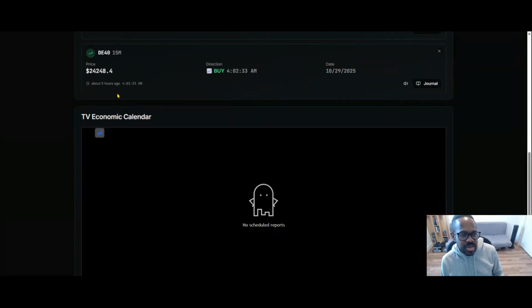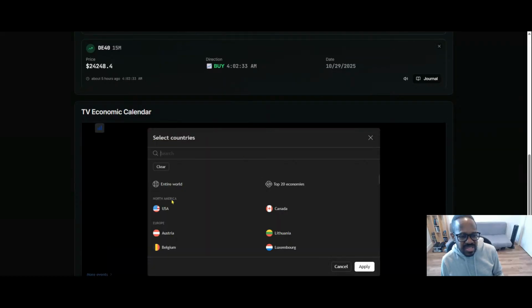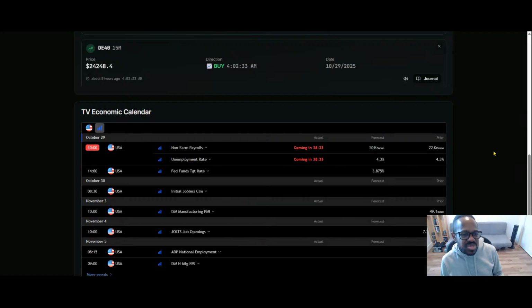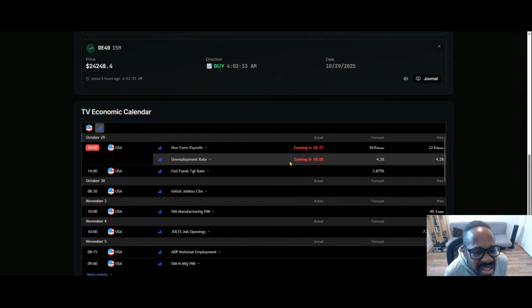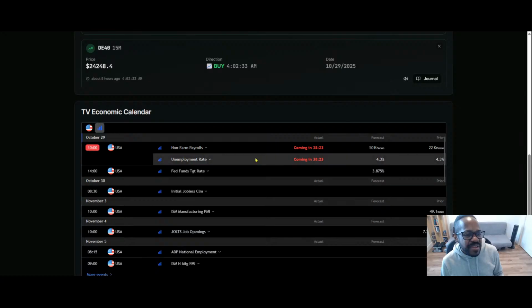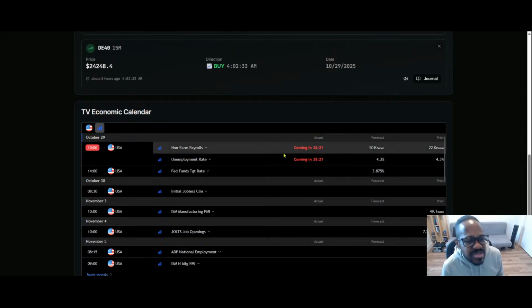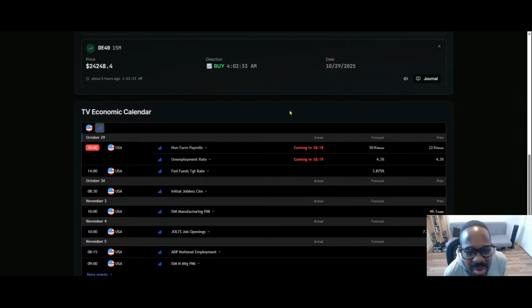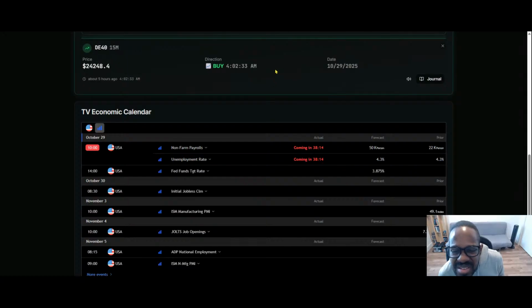And at the bottom, you have the TV economic calendar. You just have to select the country you want to see the news for. As you can see, today is the 29th, and we have some high impact news. It seems that we're going to have the non-farm payroll info in about 30 minutes.